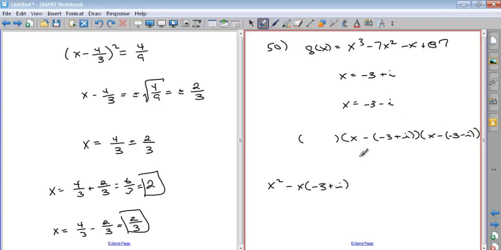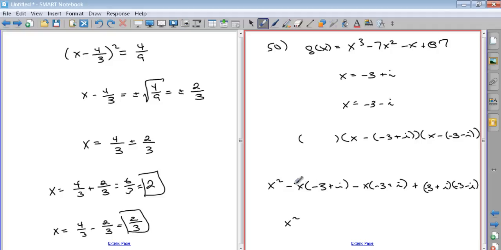And then the outer, still with a negative sign, times x times negative 3 plus i. And then finally you get positive, because negative times negative is positive, negative 3 plus i times negative 3 minus i. Make sure we get the negatives in there.